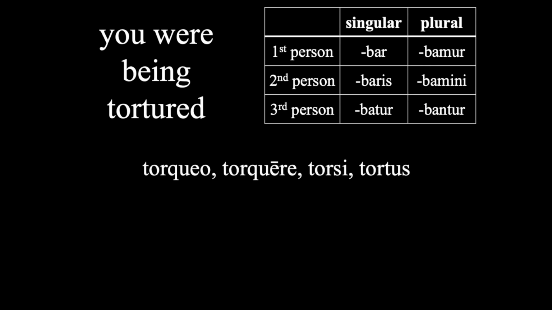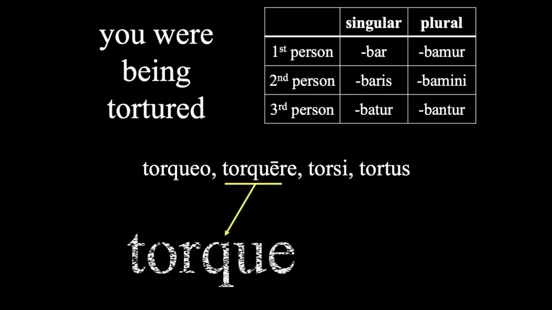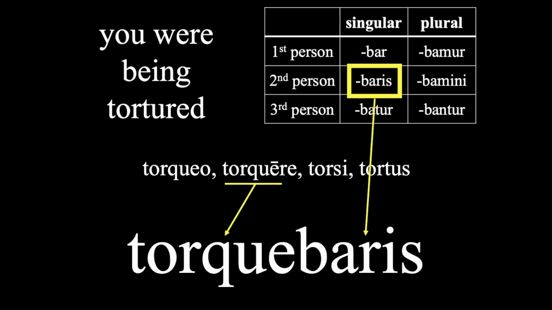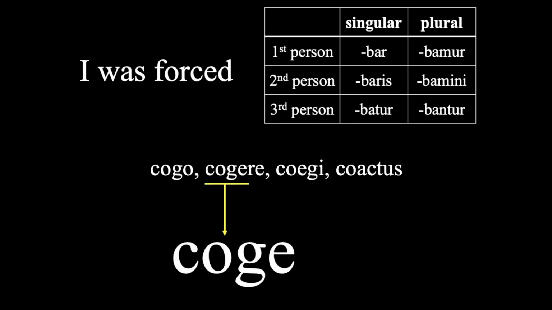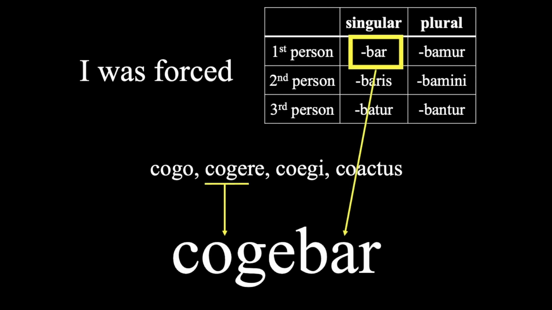The verb is torquere. Drop the RE, add the second person singular ending, and we get torquebaris. All right, the next one. I was forced. We have cogere, drop the RE, add the first singular ending, and we get cogebar.